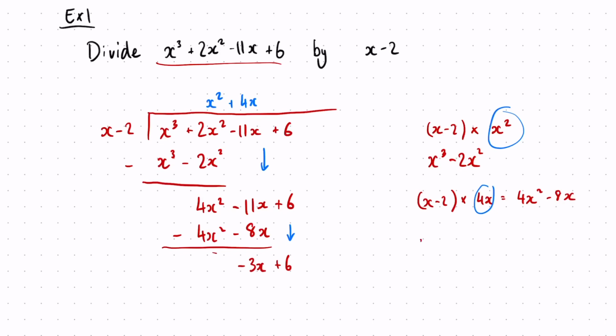What do I multiply x minus 2 by to get minus 3x plus 6? Well, that would be minus 3. And x minus 2 times minus 3 is minus 3x plus 6. So we're going to take away minus 3x plus 6, which is going to give us 0.